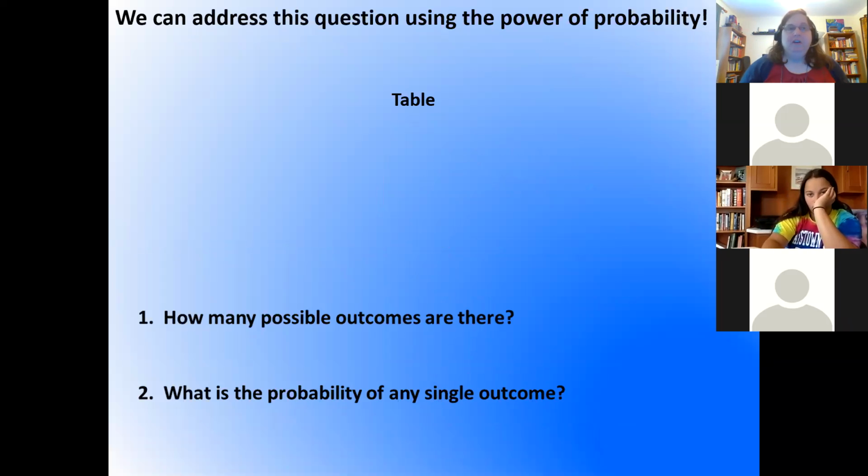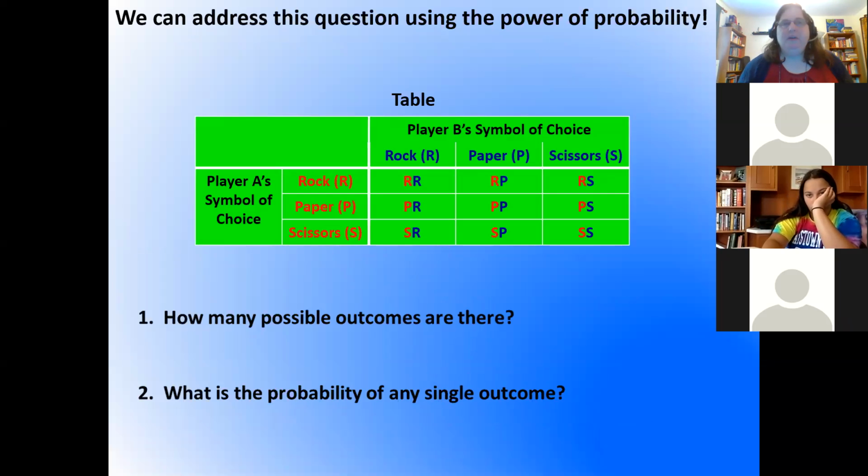So, is this game fair? We can address this question using the power of probability. Player A might throw a rock, paper, or scissors. Player B also might throw a rock, paper, or scissors. Player A is in red, player B is in blue. We can see that there are 9 possible outcomes, just looking across the cells.